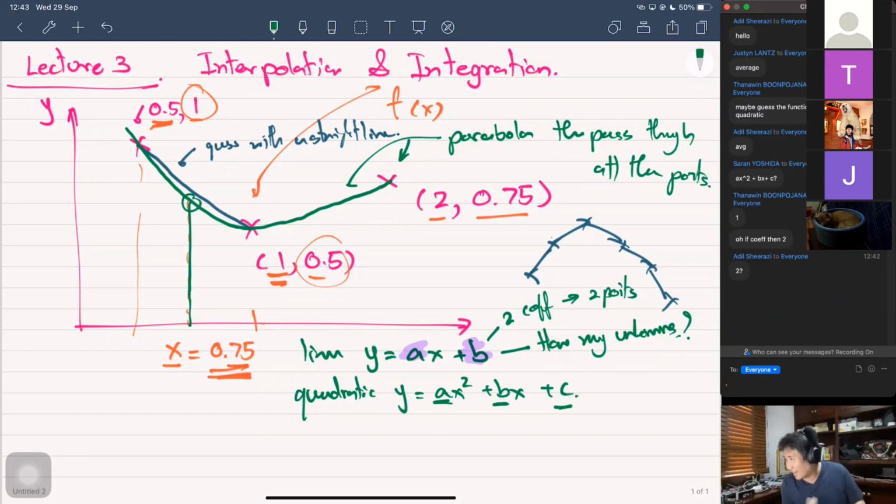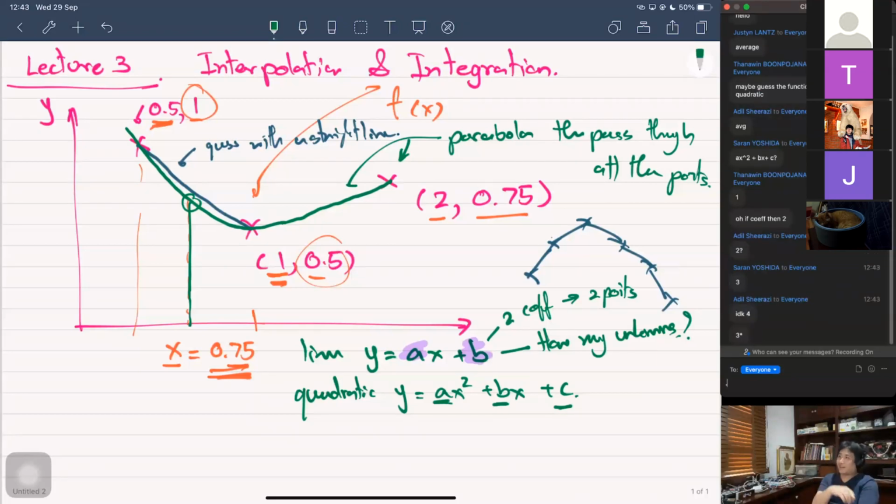In general, there are degenerate cases and so on, but how many equations do you need to solve for all 3? Three, right? In general, to solve n unknowns, you need n equations.